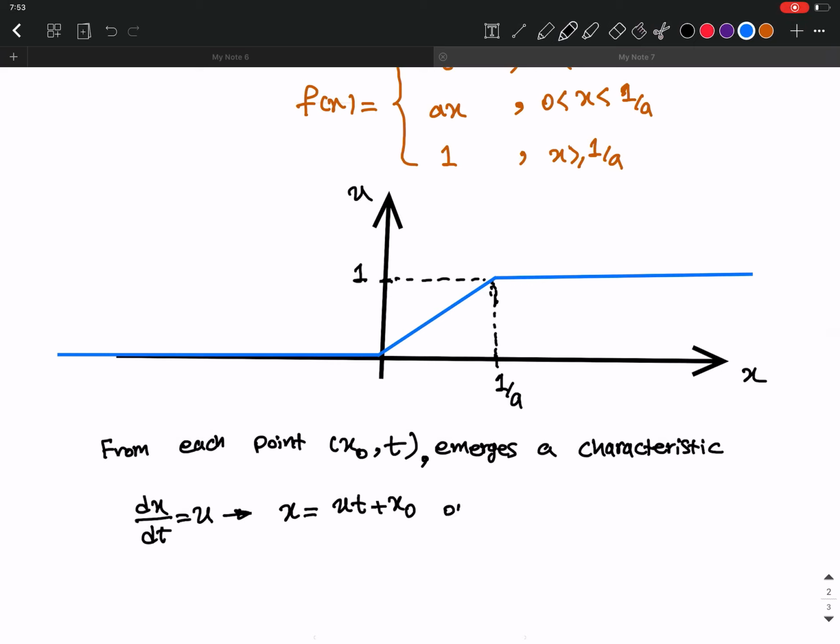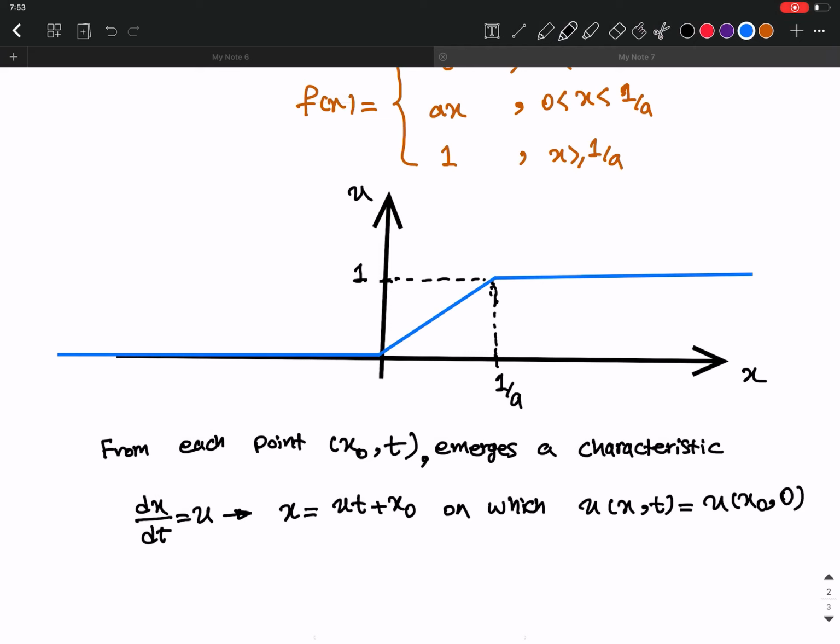On which the value of u(x,t) on this line is gonna be just the value at u(x0,0), right?